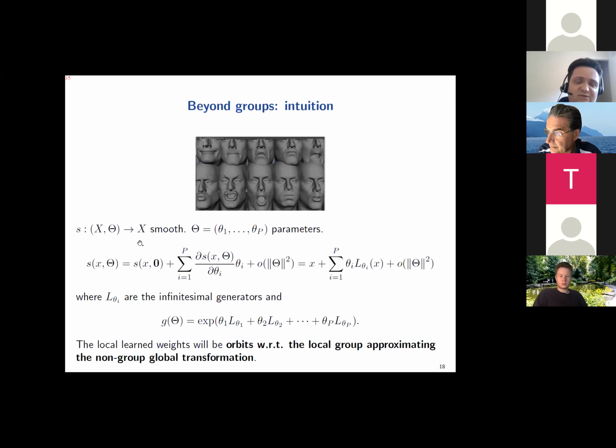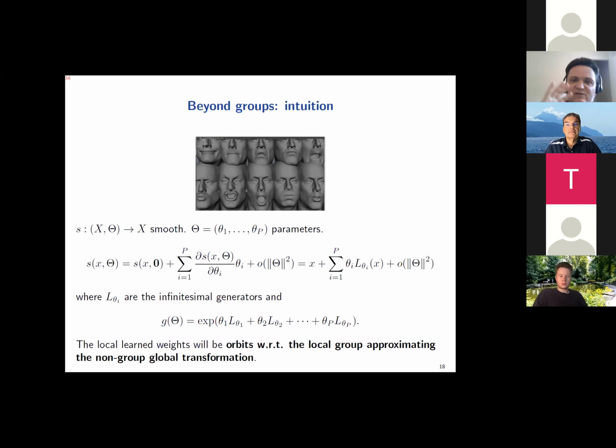Well, if the transformation is smooth enough, at least locally, around the point, you can approximate the transformation using the generators of the Lie group on the tangent space around that point. And you can consider those as having a group structure and apply very similar arguments.